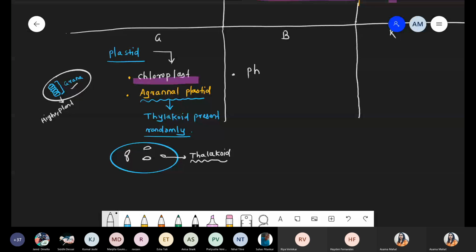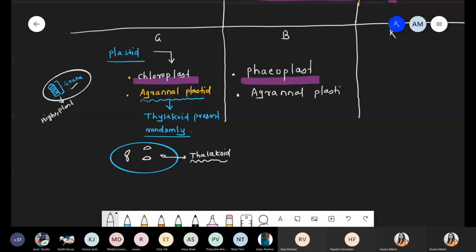From pheo the word originated, and these are called phaeoplast. Everything is the same, but now the name has changed. Again the same point, it has agranal plastid.